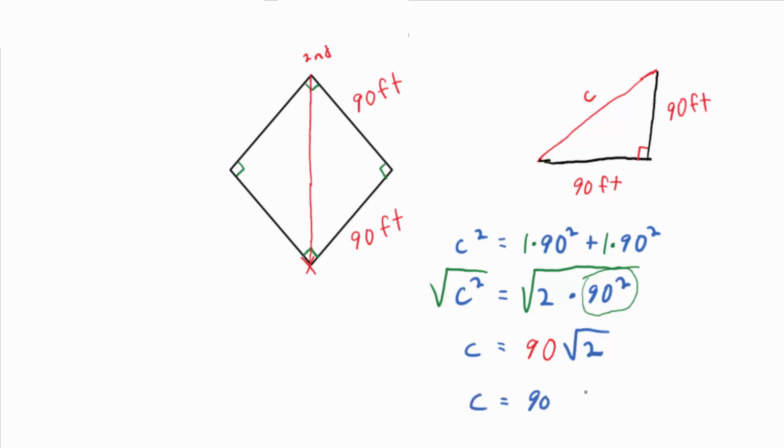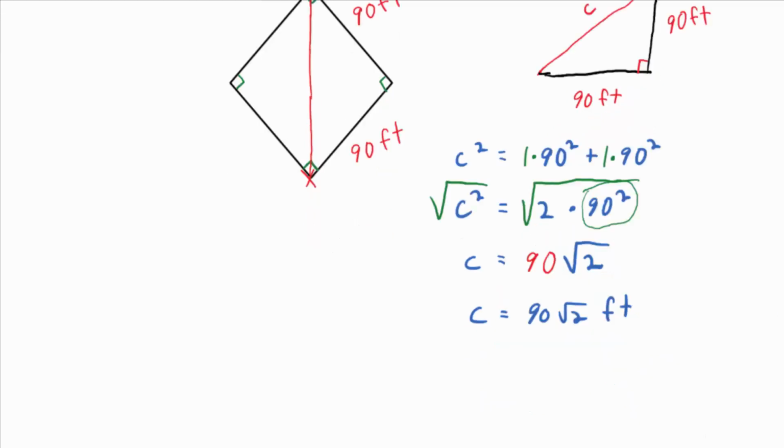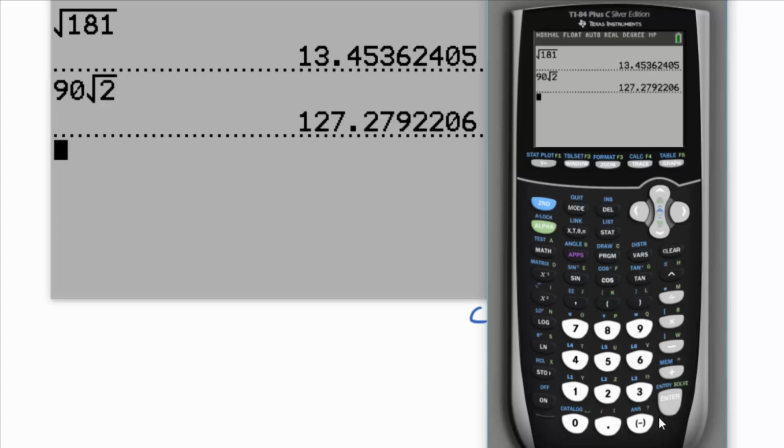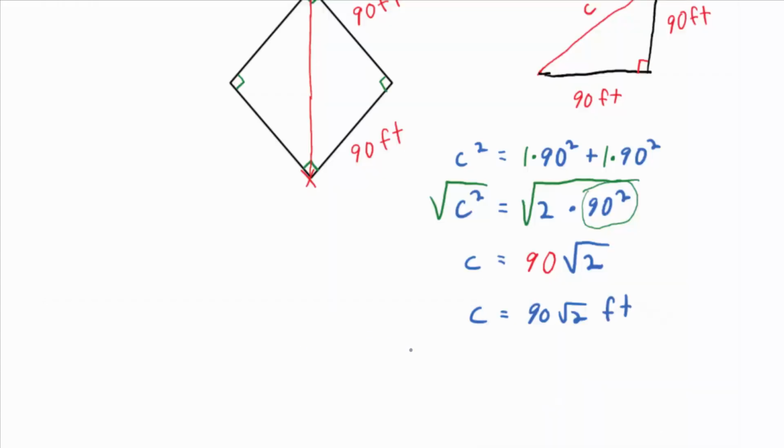What units are we in? Feet. And then it might be nice to get a decimal approximation of that, right? So 90 times the square root of 2 is about 127.3 feet.